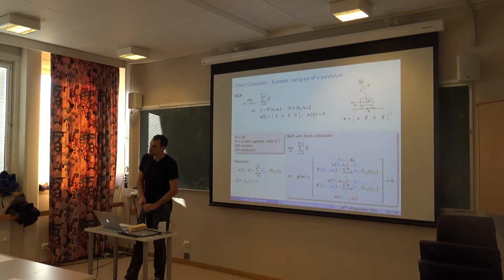Often you want to try to reach your goal state quickly. Yeah, minimum time. But if you find that you should reach the goal state at T_f, there's no incentive for going fast. Yeah, you're right.